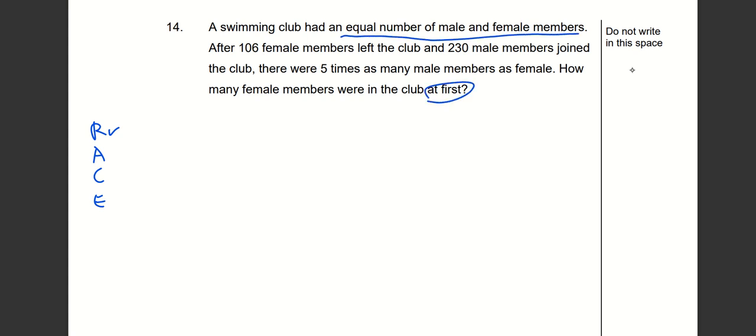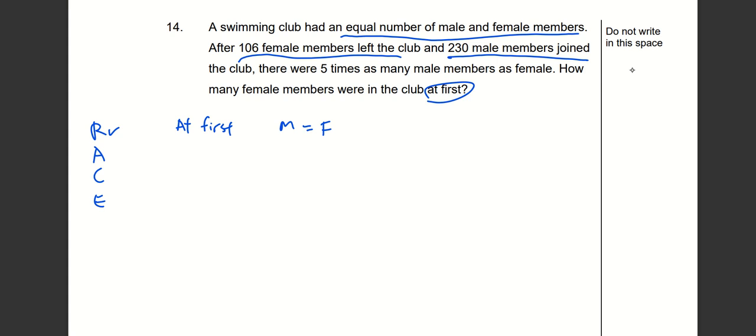So at first, that means at the beginning, it seems like they were equal, meaning male and female were equal. Then there's some change happening: some females left and then some males joined.